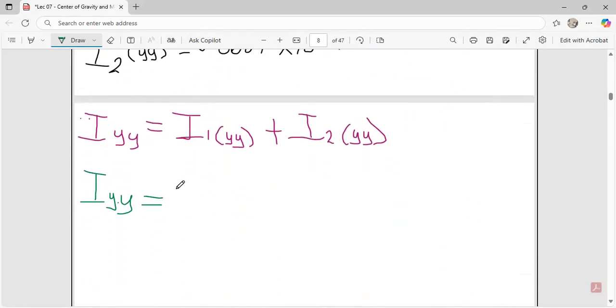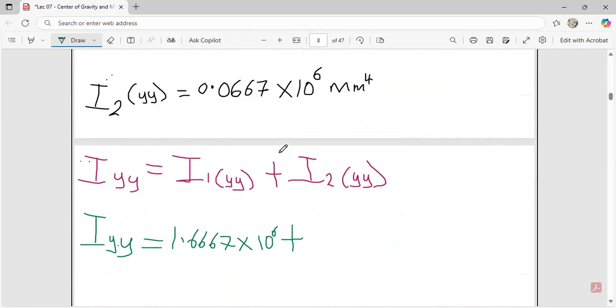So 1.667 times 10 exponent 6, plus part 2, which was 0.0666 7 times 10 exponent 6.